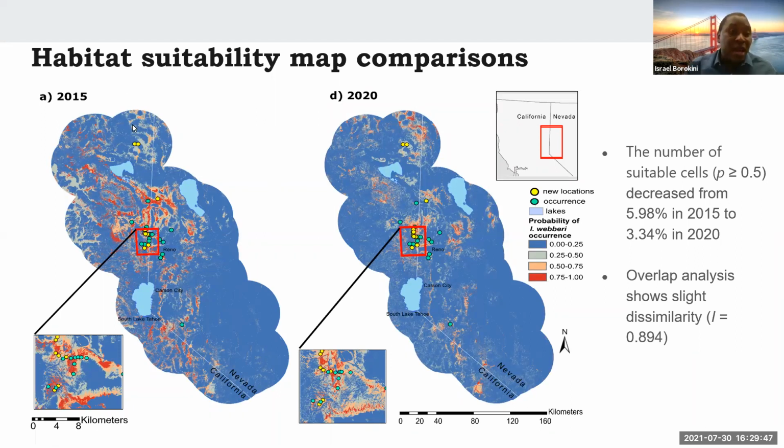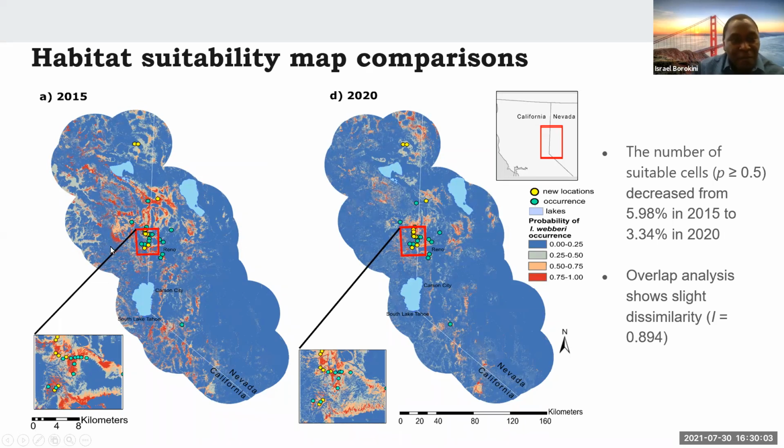Here we'll see the habitat suitability map that was produced for the 2015 model. The green points are the original points and the yellow ones are the new locations that were discovered.